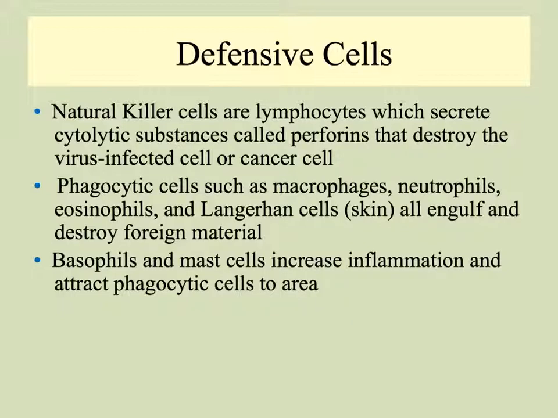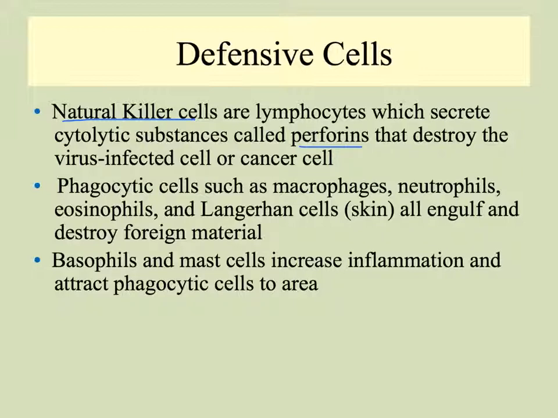Some of the defensive cells that are working in our bodies all the time are a type of lymphocyte called a natural killer cell, which are involved in destroying viruses by destroying the host cell that the virus is living in, or our own mutated cancer cells, by causing the cells to break apart by secreting a substance called perforin that punches a hole in the cell. That's something else that the complement proteins can do. They also create this ring, a perforin ring.